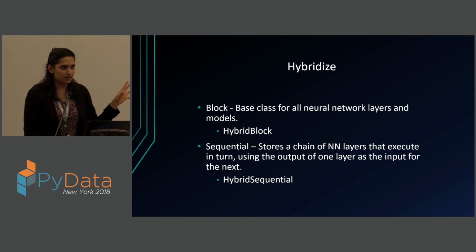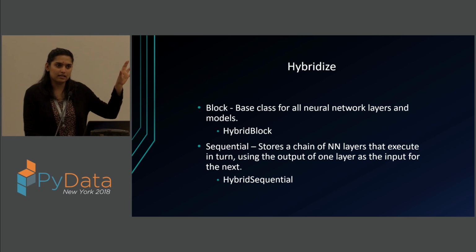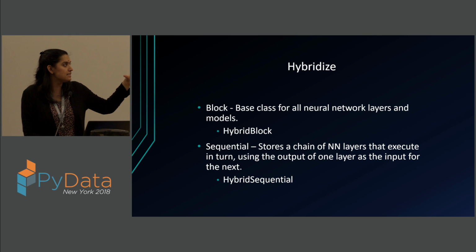Now, what GluonNLP tries to do here is to hybridize. It tries to get a hybrid execution. So the block construct in Gluon is basically the base class for all kinds of models that you create. The sequential construct is sort of the basic neural network layer object.